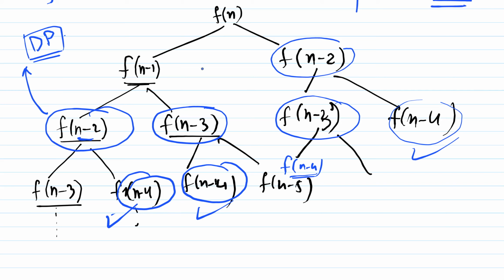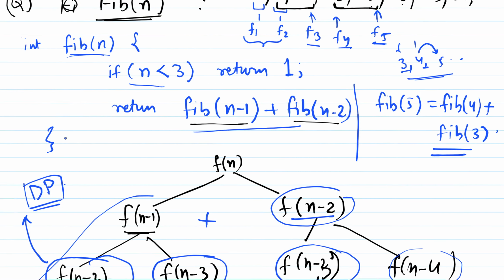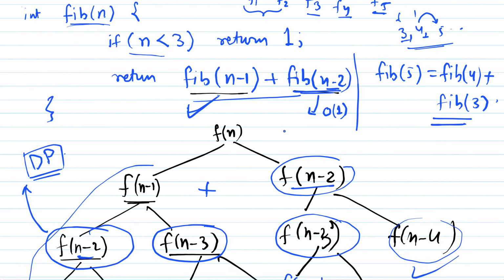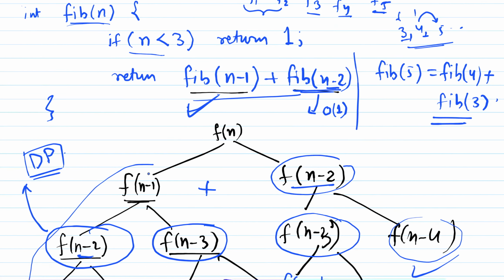So next time when this branch is solved, it will automatically keep f(n-2). Here when this is solved, it will come to this and see that this is already present in the cache, so it will directly return in O(1). So this is an extension of recursion. If there are too many overlaps, then save those values.